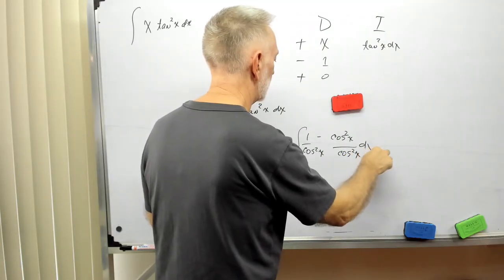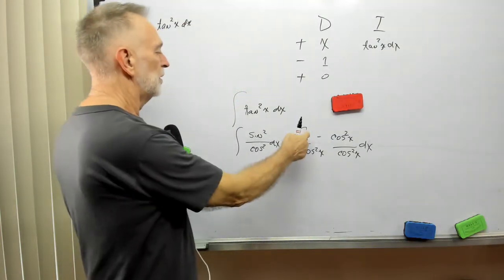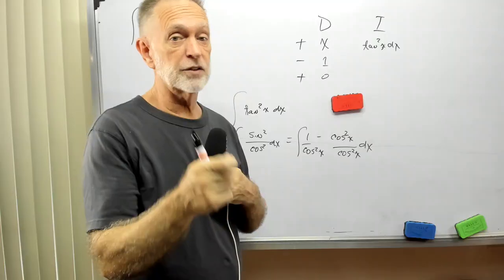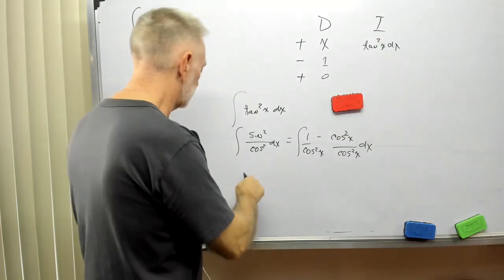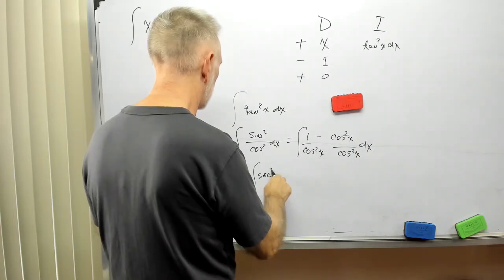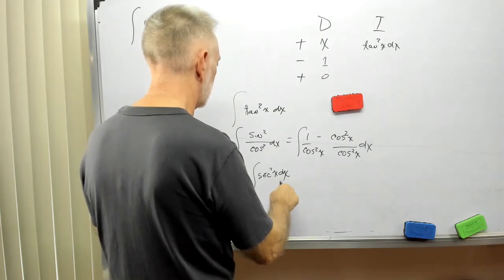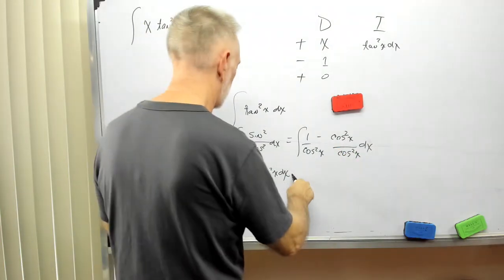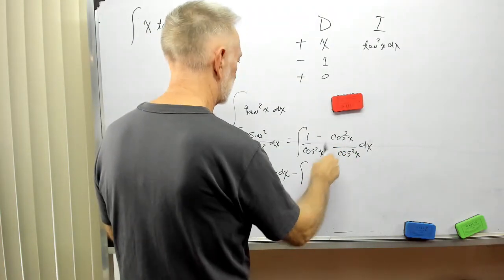I'll just divide those into 2 fractions. 1 over cosine squared, 1 over cosine is secant. So we have the integral of secant squared x dx minus cosine squared over cosine squared is 1.